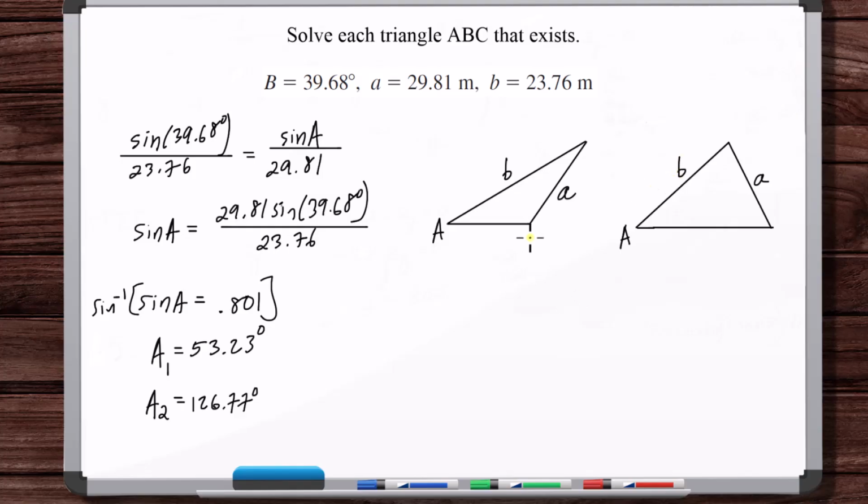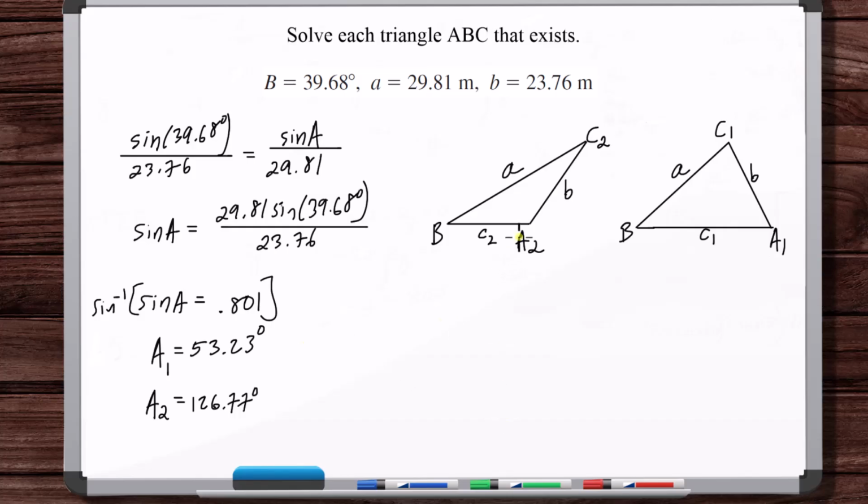This is the angle we're given, and this length we're given, and this length we're given. But this is going to be A2, this is going to be A1, this is going to be C1, and this is going to be C2. As far as angles, this will be lowercase c2, lowercase c1. So we've got A1, A2.